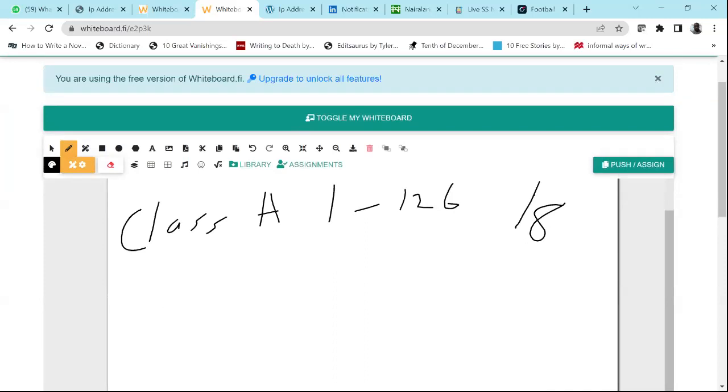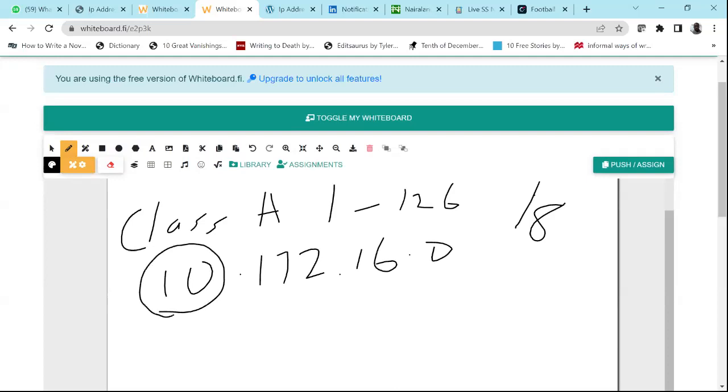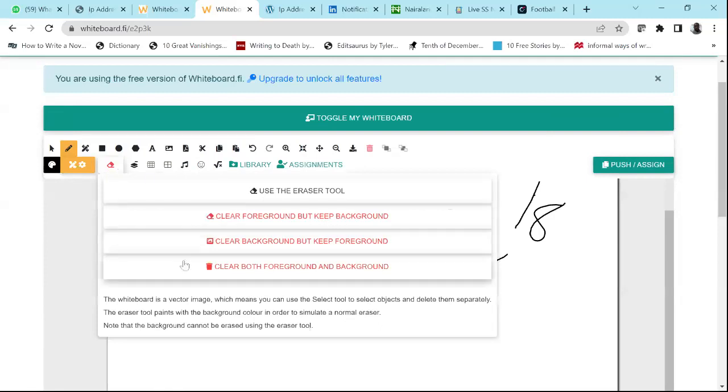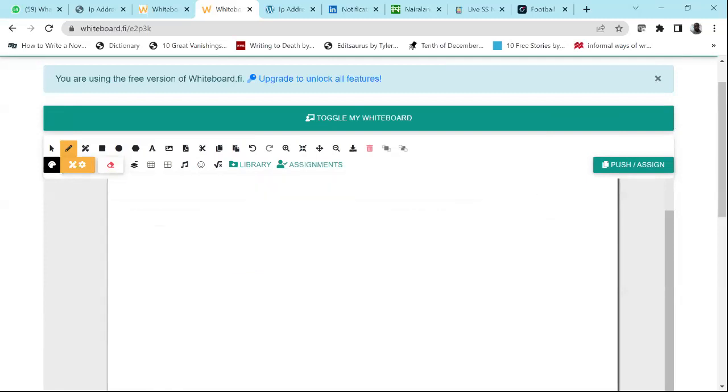So if you see an IP that is 10.172.16.0, mere looking at it, because the first octet, this is what I refer to as the first octet, is in this range, 1 to 126, that means this is a class A network. So if I have something like 200 dot, that means this is not a class A because it's not within the 1 to 126 range. So that's how, from the first octet, you know what is your class A or your class B or your class C. I don't know if you understood that.